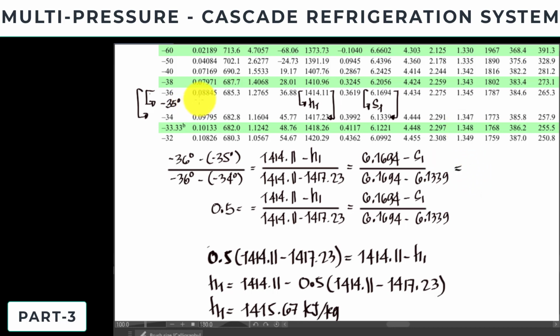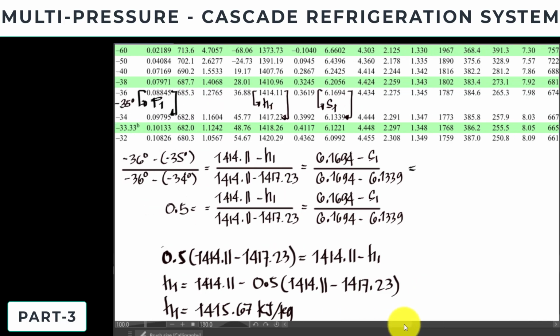So we have here the pressure 1, using the arrow technique. Okay. So we are able to get the intermediate pressure.